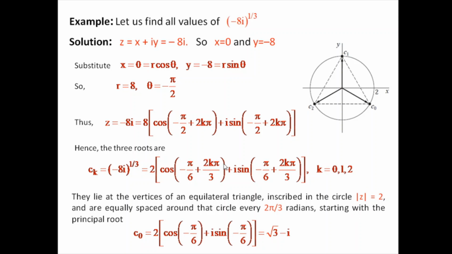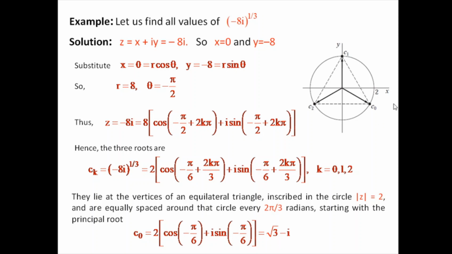Mod z is equal to 2, because this value is 2. And they are equally spaced around the circle every 2 pi by 3 radians, starting with the principal root, which is k equals 0, so c0, which we can calculate as 2 times cos minus pi by 6 plus i sine minus pi by 6, which is root 3 minus i.